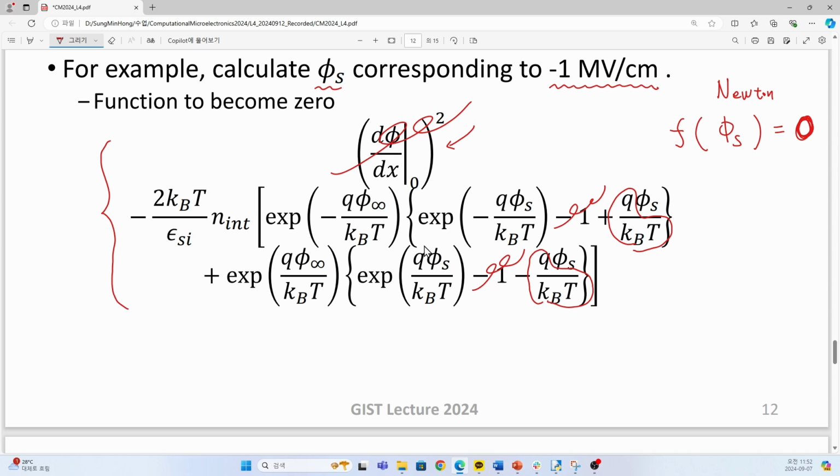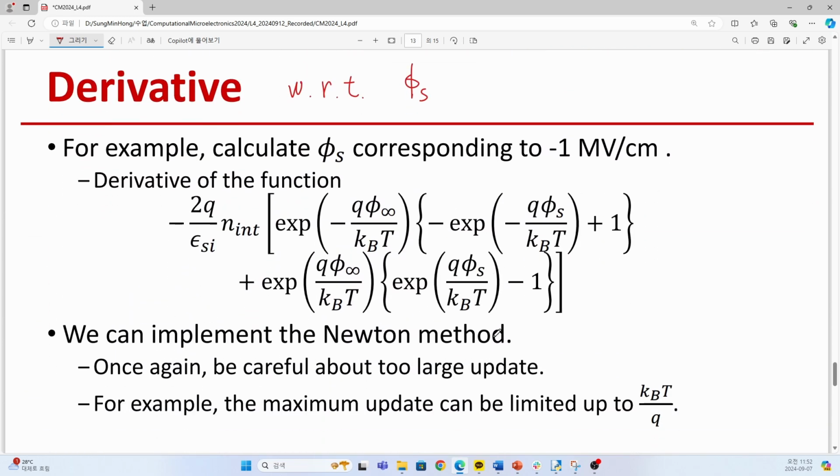The only remaining two terms are exponential functions, but also derivative of an exponential function with respect to the input argument is quite straightforward. So you can easily calculate the df over d phi s in this way.